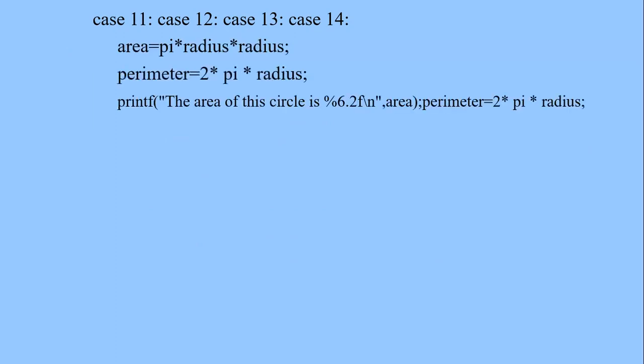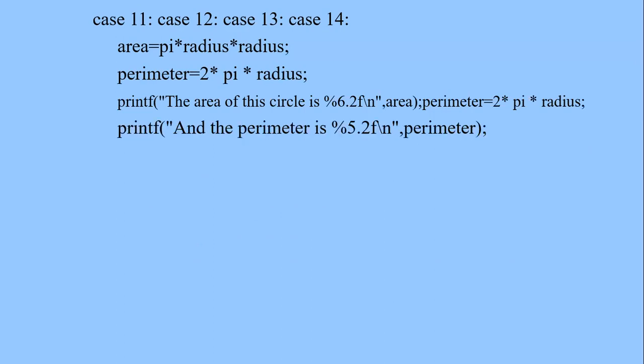Otherwise, if radii generated another figure like 11, 12, 13, or 14, then we compute area, we compute perimeter. The processor will display the area and the perimeter on the screen as follows.